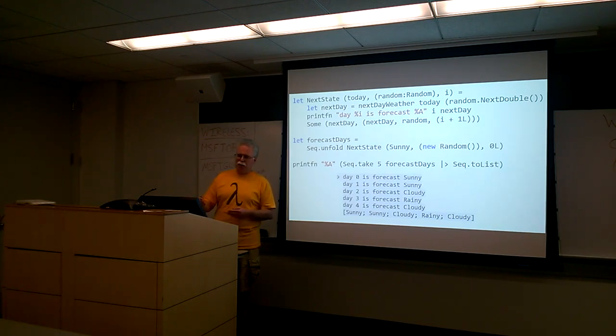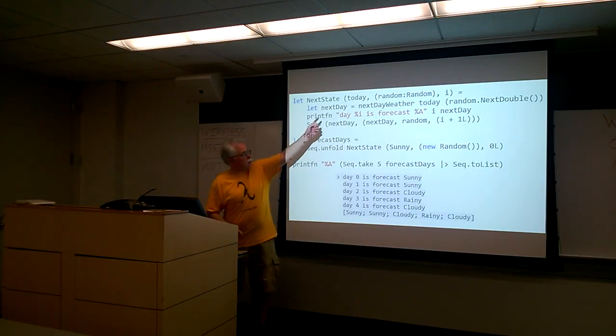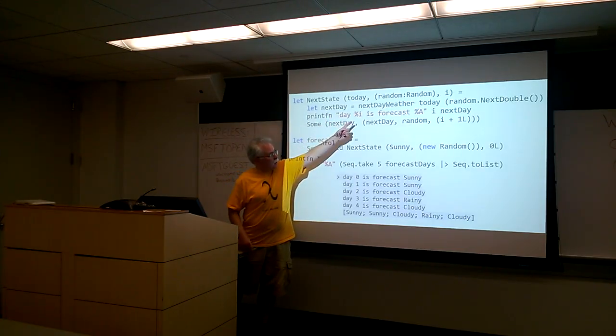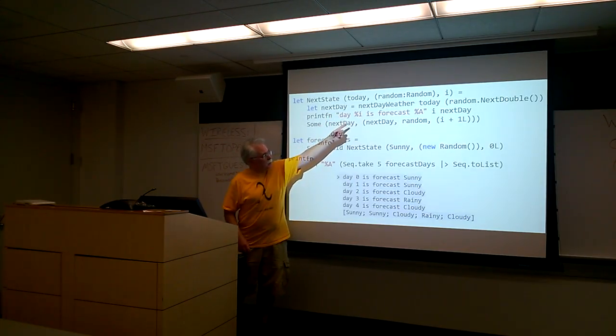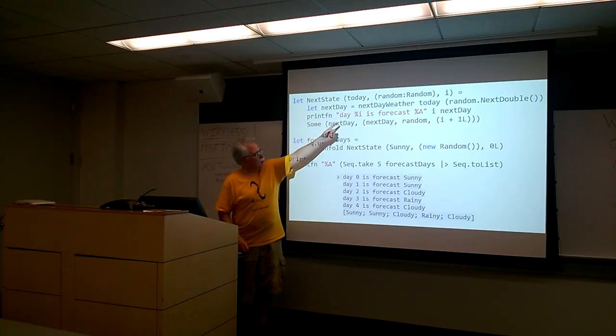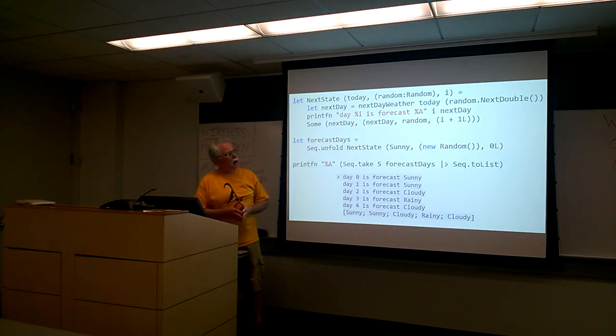The counter here is so that in the display we can see what element we've actually run through our computation. And so it's just taking today's weather, bringing in a random number generator, and then we put it through the function that we just defined on the previous slide, taking the next random number that it generates, and that's the next day's weather, and repeat and rinse.